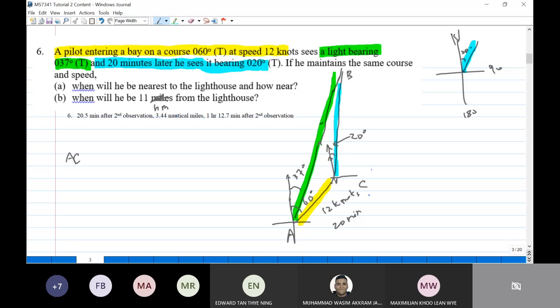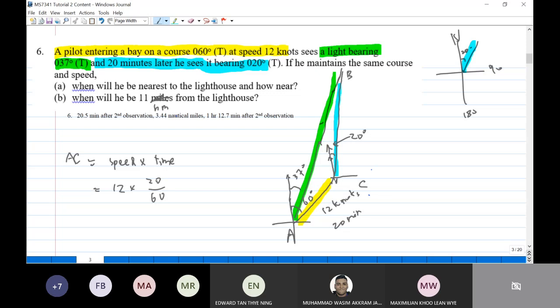So the distance AC is speed times time. The speed is 12 knots. Time is 20 minutes of 1 hour.